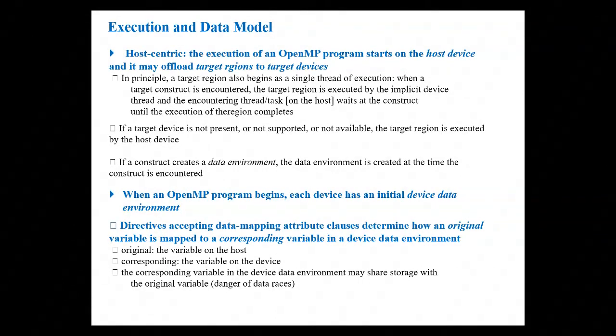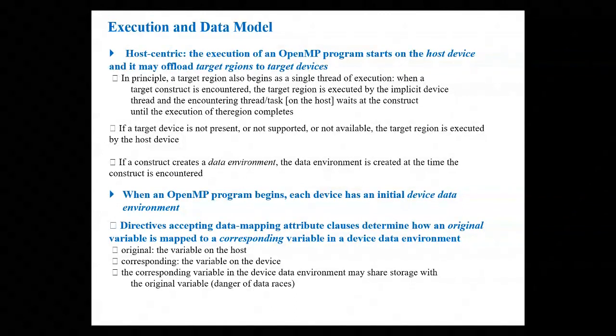So it will basically accept the data mapping. And that's the hard part sometimes when you're working with this: what type of data will run on the GPU, and what type of data will still run on the CPUs. So that's something OpenMP right now has this type of control for.